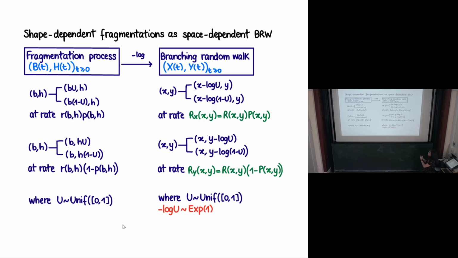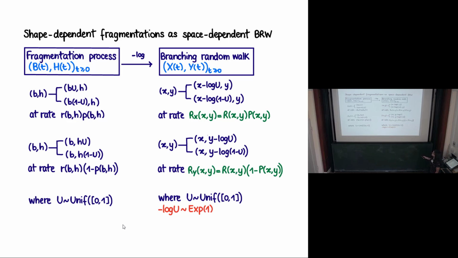So the two children particles have correlated position, and this is just what's going to happen every time there is a branch. I'm going to draw an independent uniform random variable, and this is the position of the two children. And this happens at rate Rx, so just R times P. This, of course, is symmetric in Y, and from now on I will just refer to Rx and Ry to denote the two rates at which things happen in either component.